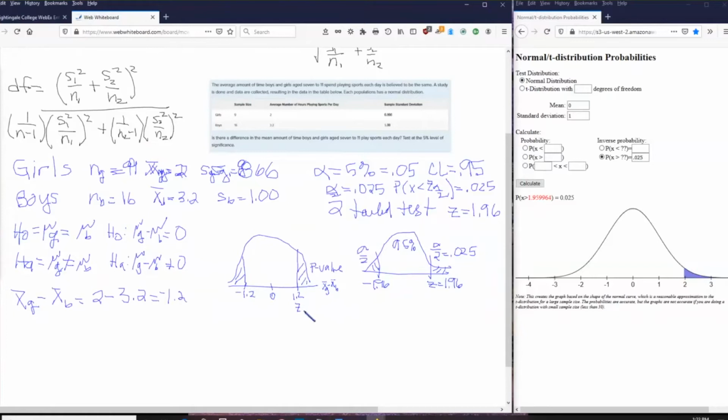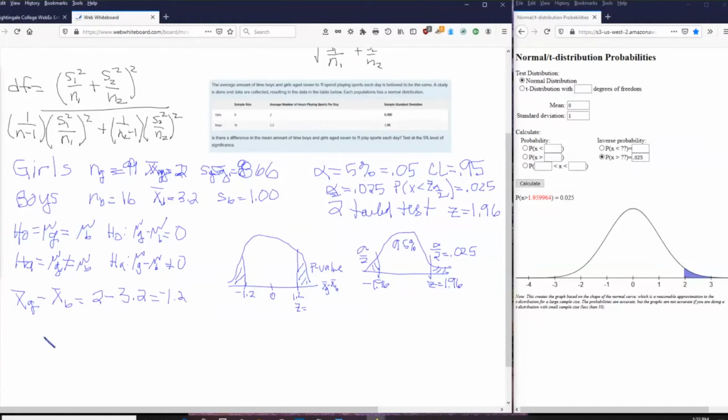I want to know what my z-scores are and what my p-values are so I can compare them to this critical value to determine, do I want to reject or not reject the null hypothesis?